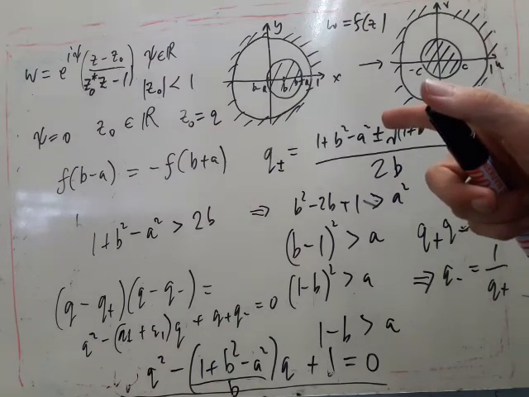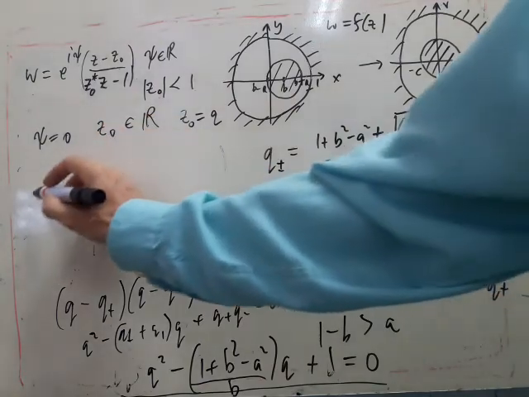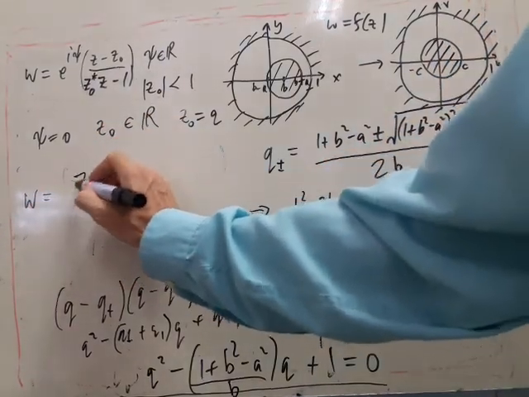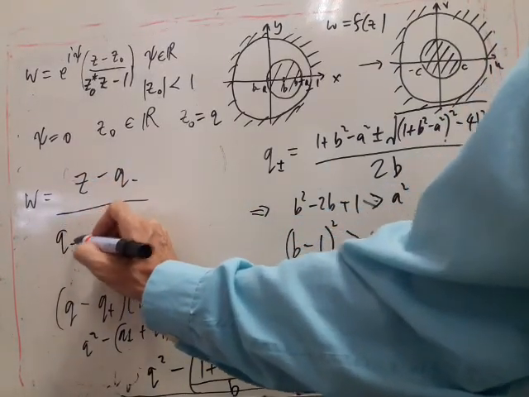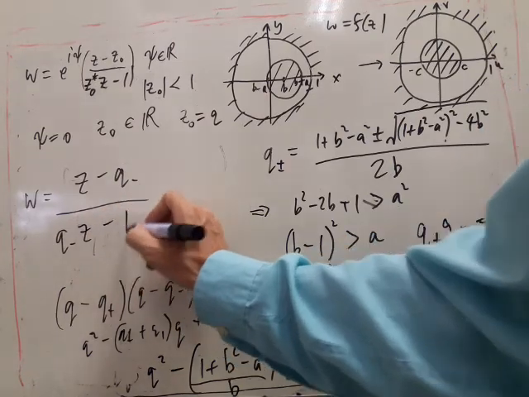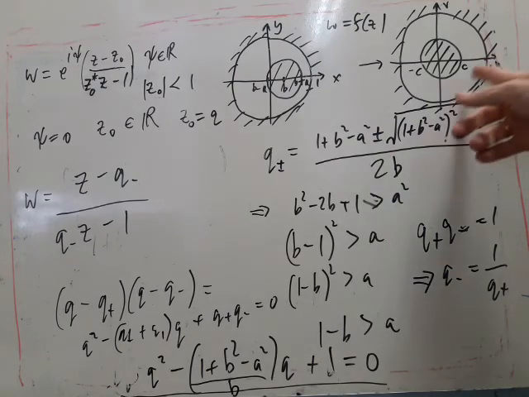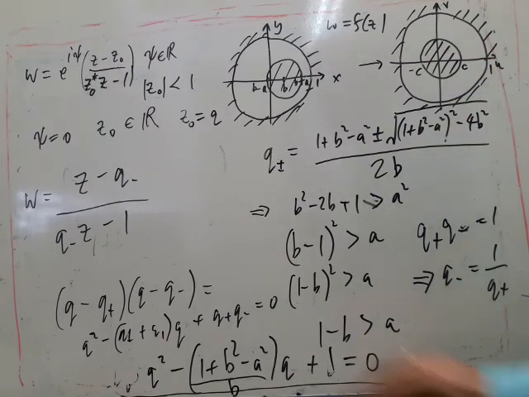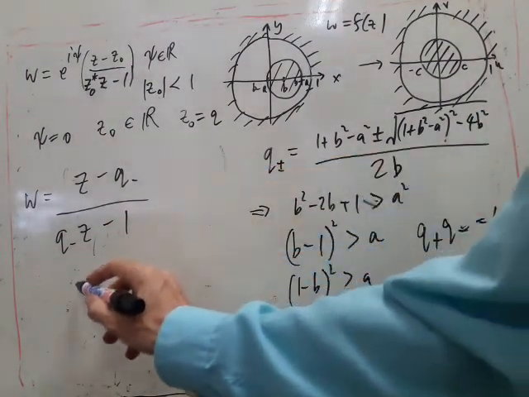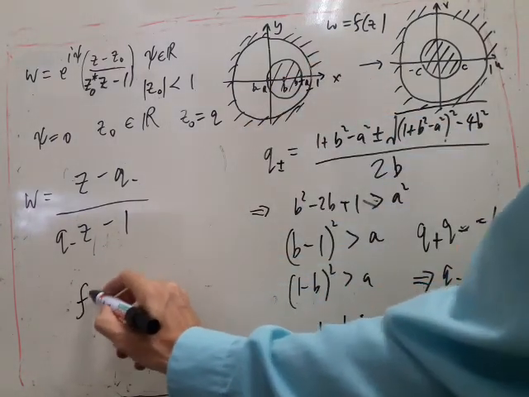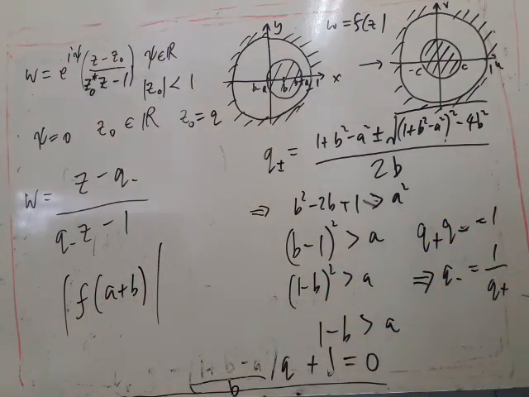So I've got my transformation now. The final transformation is w equals z minus q minus over q minus z minus 1. It's real, so I don't have to worry about the complex conjugate. So q minus is given by this with a minus sign. If I want to work out c, it's rather a messy expression, but all I need to do is f of a plus b, and just to be safe, put a mod sign around that.